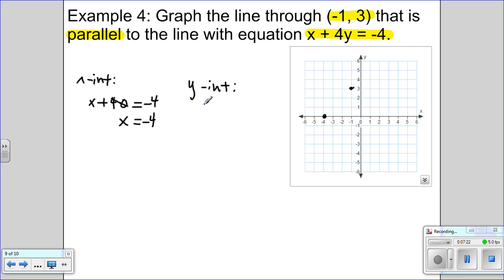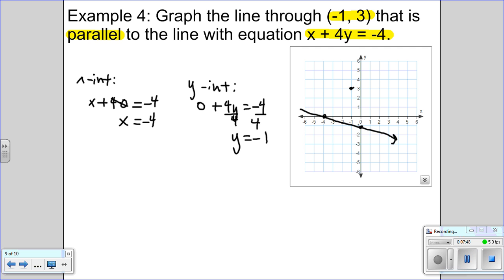To find the y-intercept, you go back to the original equation and plug in 0 for x. So 0 plus 4y equals -4. Divide both sides by 4, and the y-intercept is -1. So the x value is 0, y is -1. That means down here. Okay, so here's the original line.